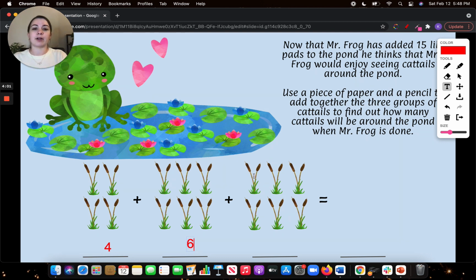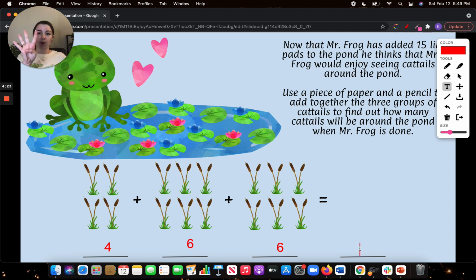And right here we have 1, 2, 3, 4, 5, 6 cattails. So right here we're also going to write 6. And then we have to add those together just like we did.